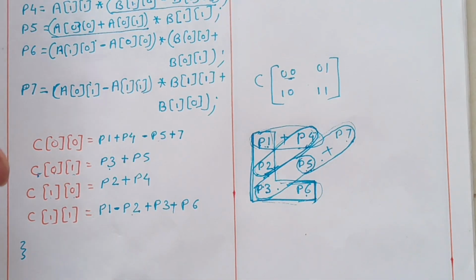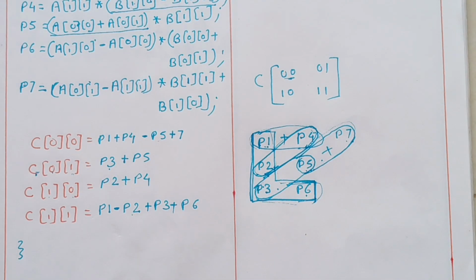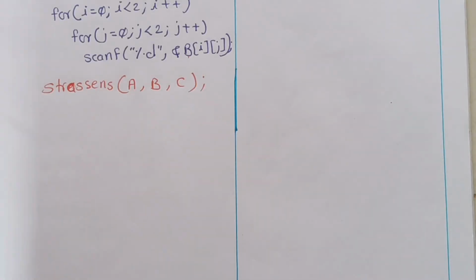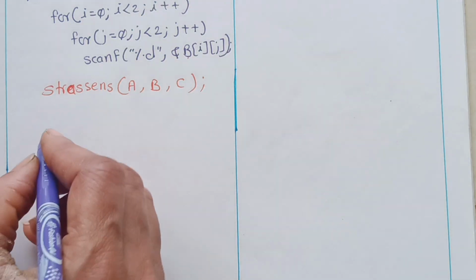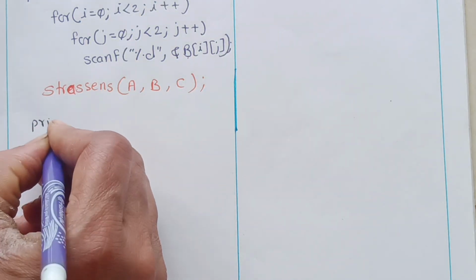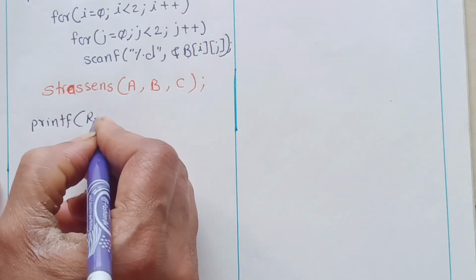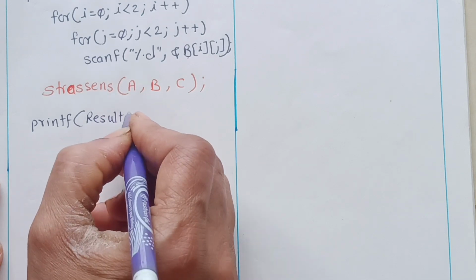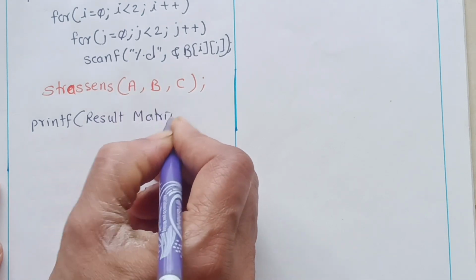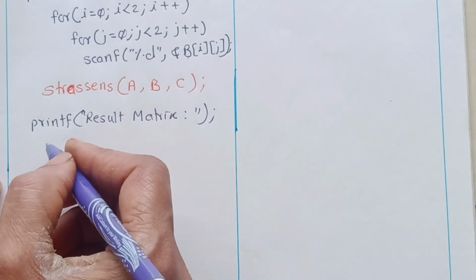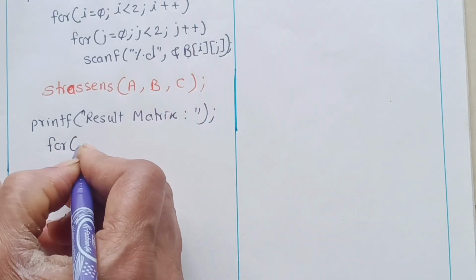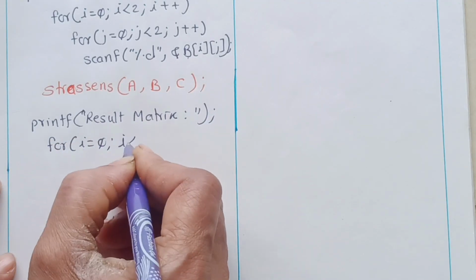So after writing this function, Strassen's function, you go to the main function here. Now you have to print the resultant matrix. So write down here print resultant matrix. So again you have to use a for loop here: for i equal to 0, i is less than 2, i plus plus.